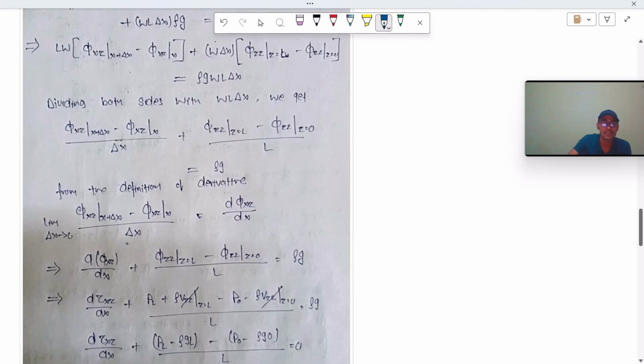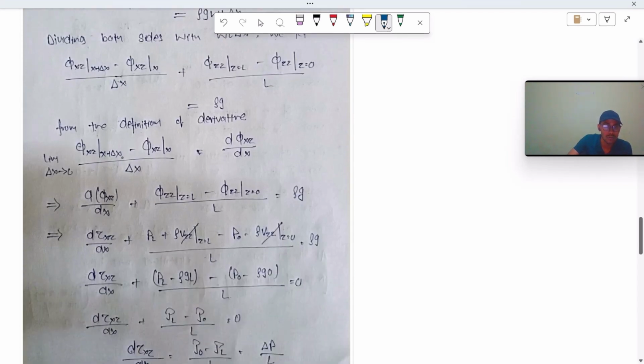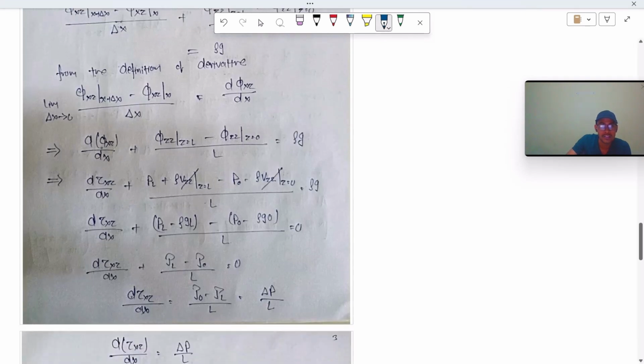Now from the definition of derivative, we try to reduce this expression to this form. We know that from the definition of derivative, d by dx of phi xz is written in this form. So now we put this value in this: d by dx of phi xz plus phi zz at z equal to L minus phi zz at z equal to 0, upon L, is equal to this.